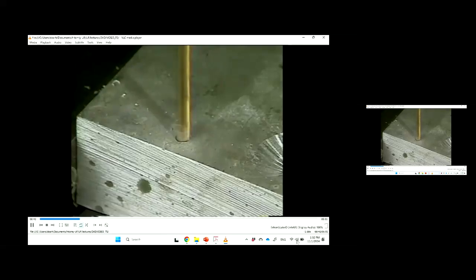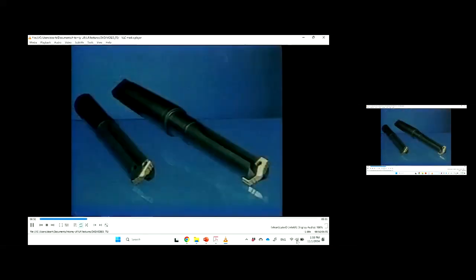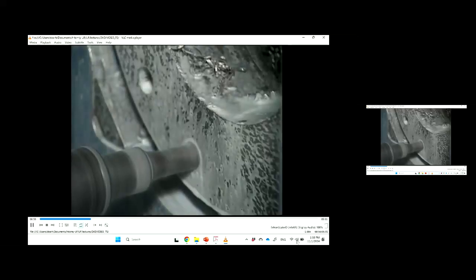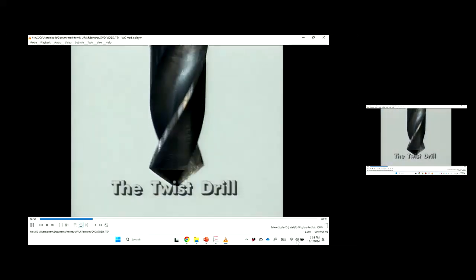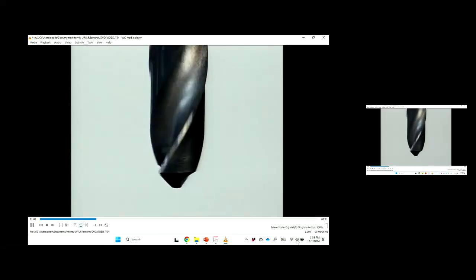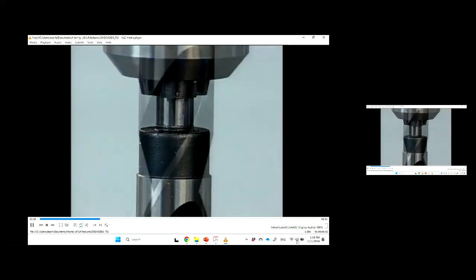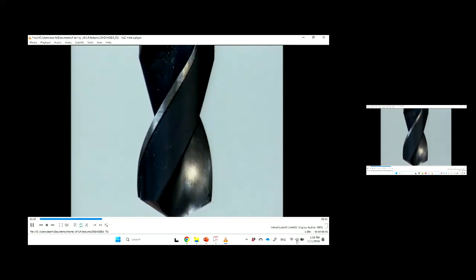Solid drills of high-speed steel or carbide dominate applications up to about a 5/8 inch or 20 millimeter diameter. Spade drills and indexable insert drills cover the larger size ranges. The twist drill is a roughing tool with two cutting lips. The three essential parts of the twist drill include the shank, the flutes, and the point.